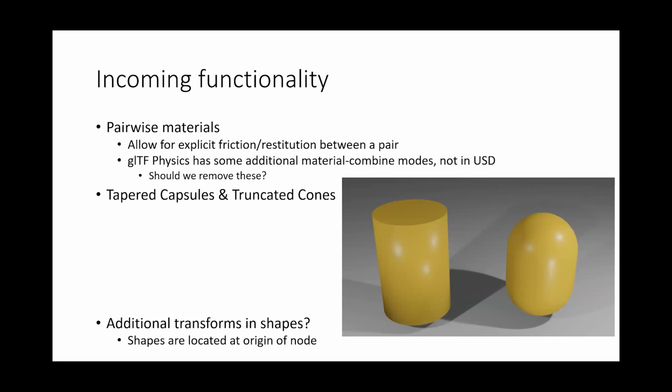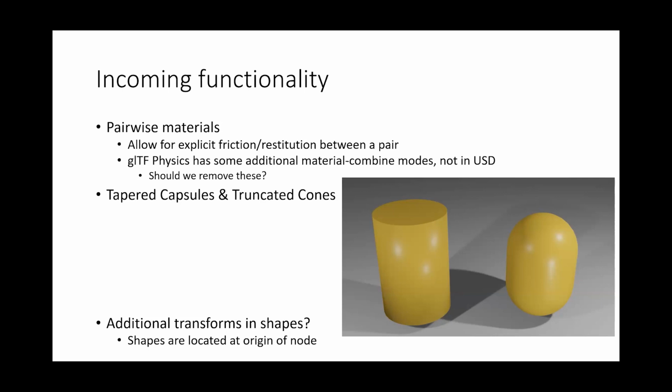And the glTF physics spec has a set of combine modes for materials, just very basic: maximum, minimum, geometric average, and USD does not have those. So I wonder, should we remove them from glTF?